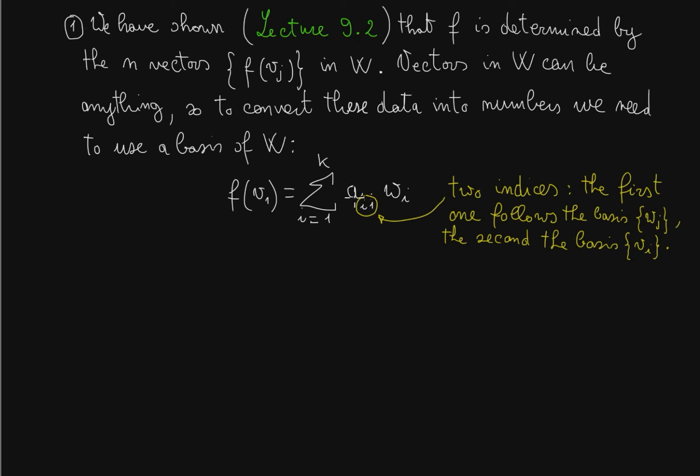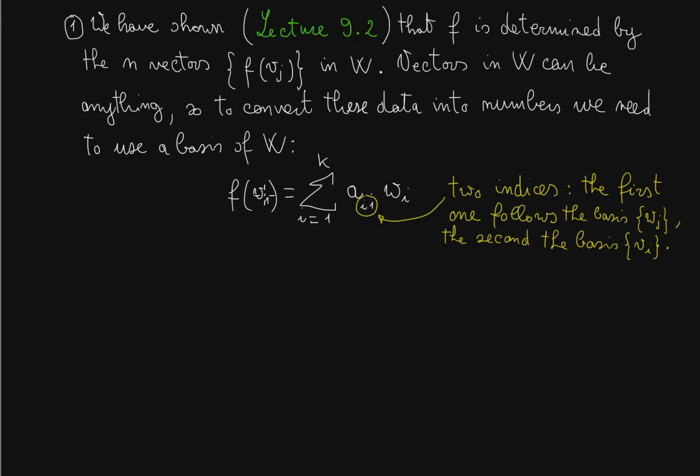Let's call them with the letter A, and certainly they will have one index, which will run with the index of the element of the basis W_i. However, there must also be something in the writing of the coefficients that refers to the index of the vector of which we are looking at the image.